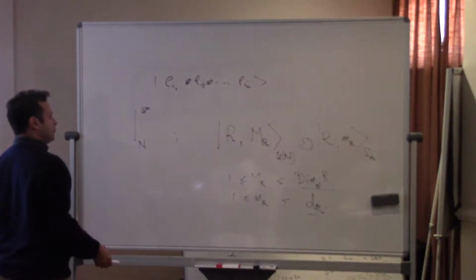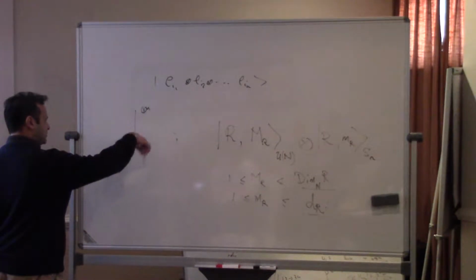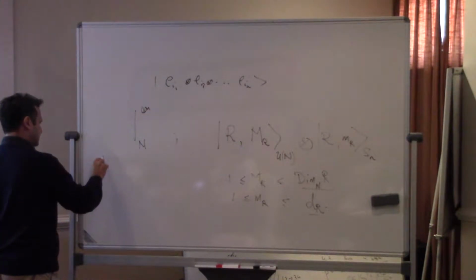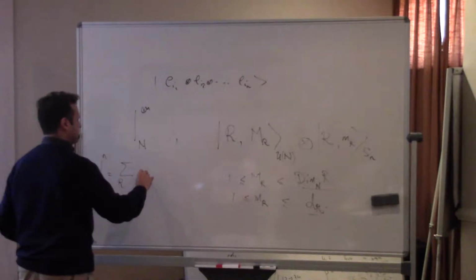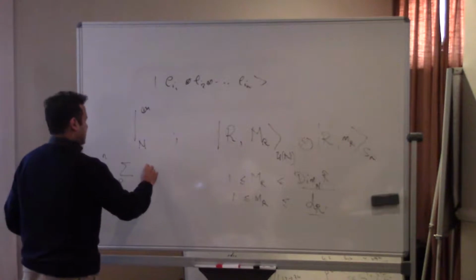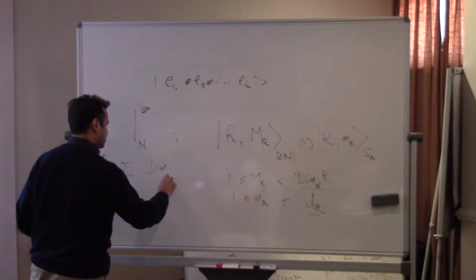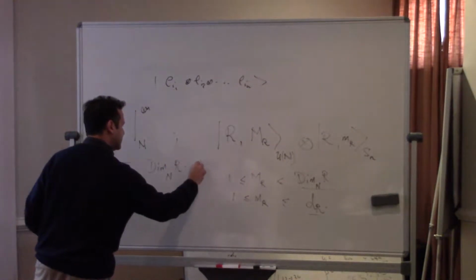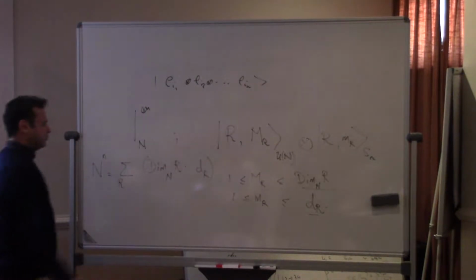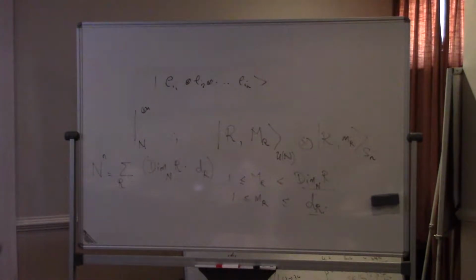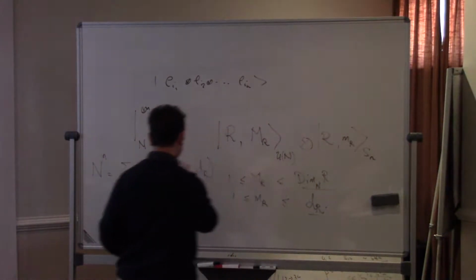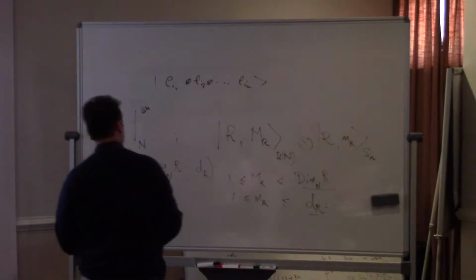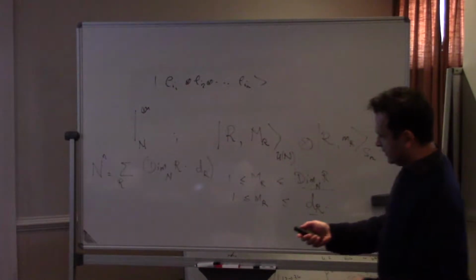And one of the implications of Schur-Weil duality is that the dimension of this, N to the little n, is the same as the sum over Young diagrams of the dimension of the U(N) representation times the dimension of the S_n representation. Because I have a tensor product, the dimension is the product of these dimensions, and then there's a direct sum.